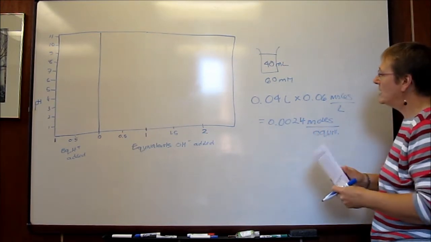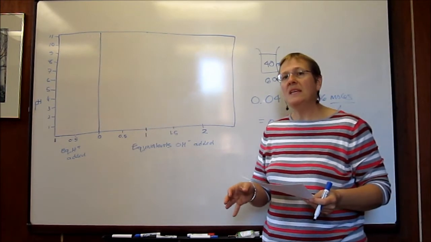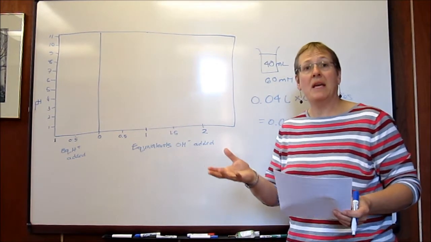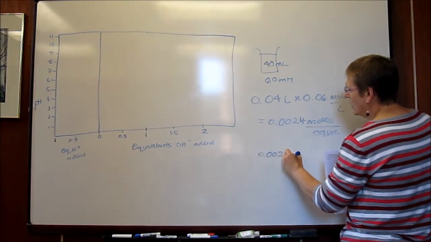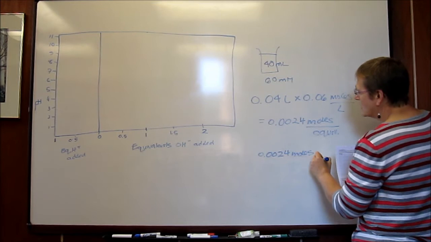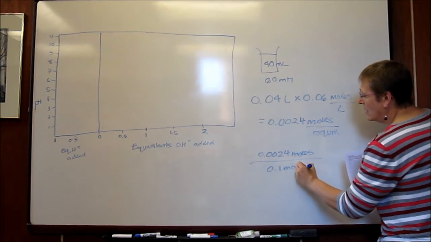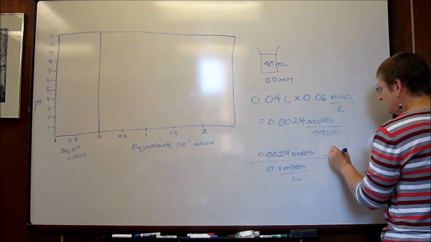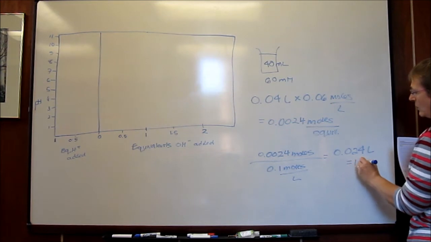Okay. We can do the calculations for this in a number of different ways. One of the easy ways is just to say, how many milliliters of our 0.1 molar HCl make up one equivalent? We need 0.0024 moles per equivalent, divided by the concentration of our strong acid or strong base. This gives us 0.024 liters equals one equivalent.